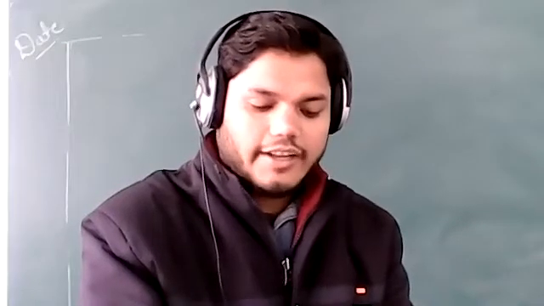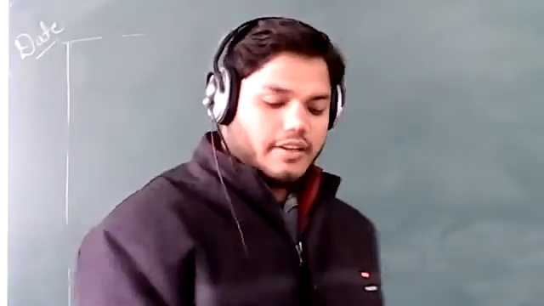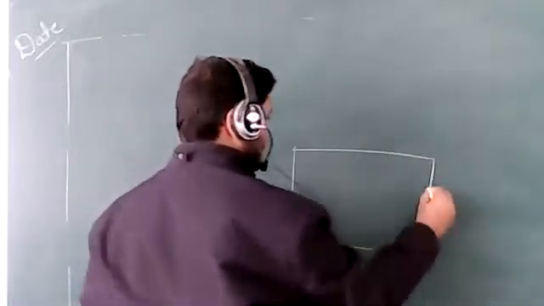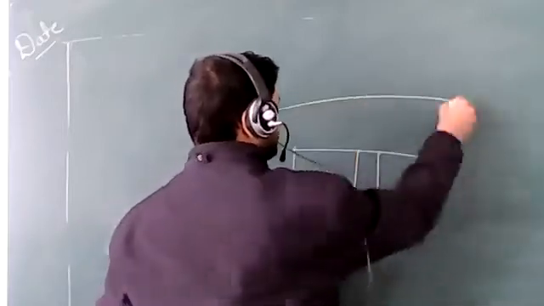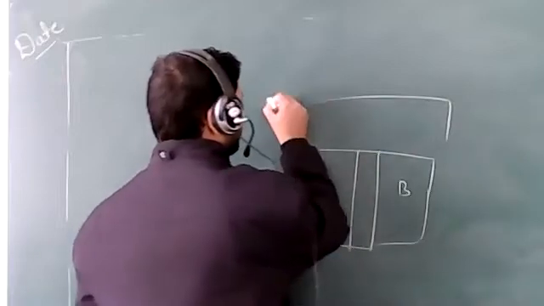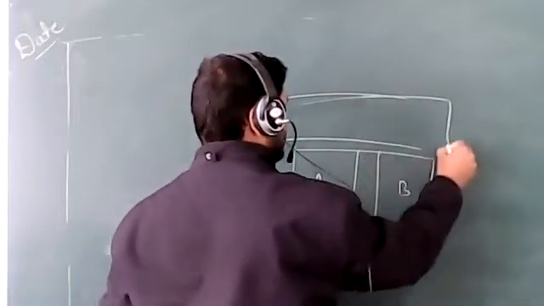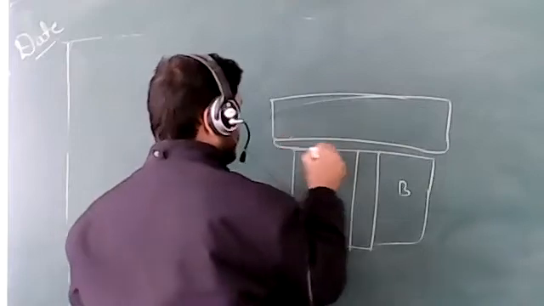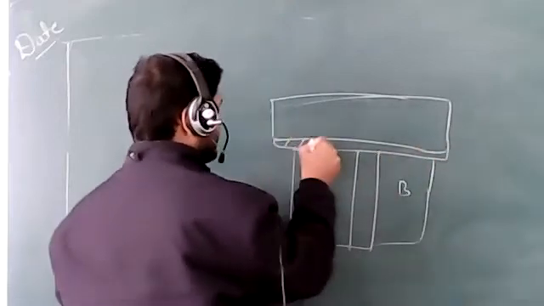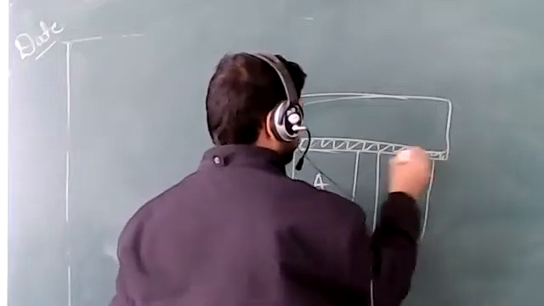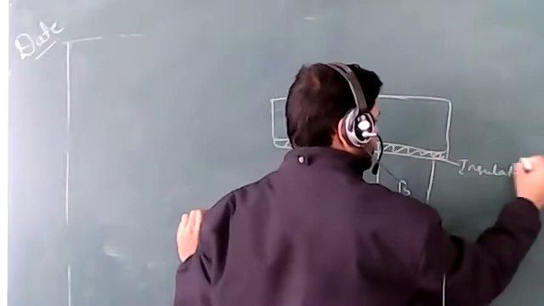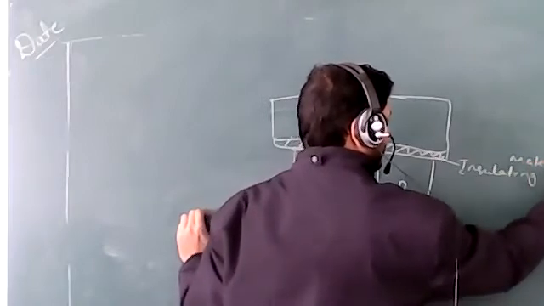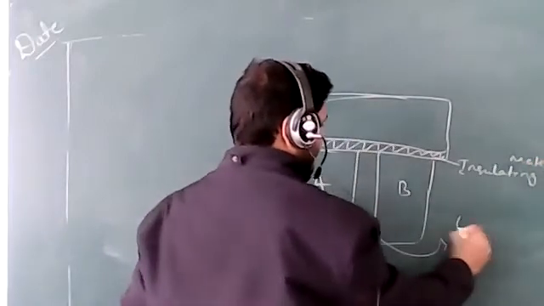In the figure, this is body A, this is body B, and this is body C. Here the material between them is insulating stand or insulating material, and this other one is the conducting material.